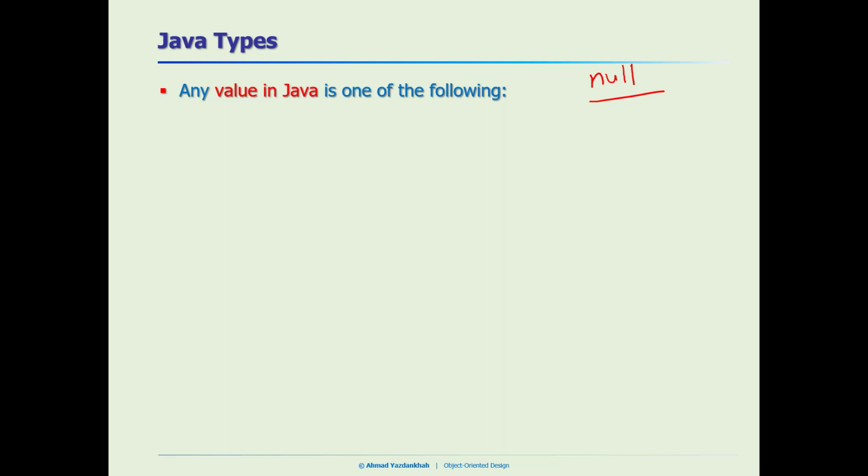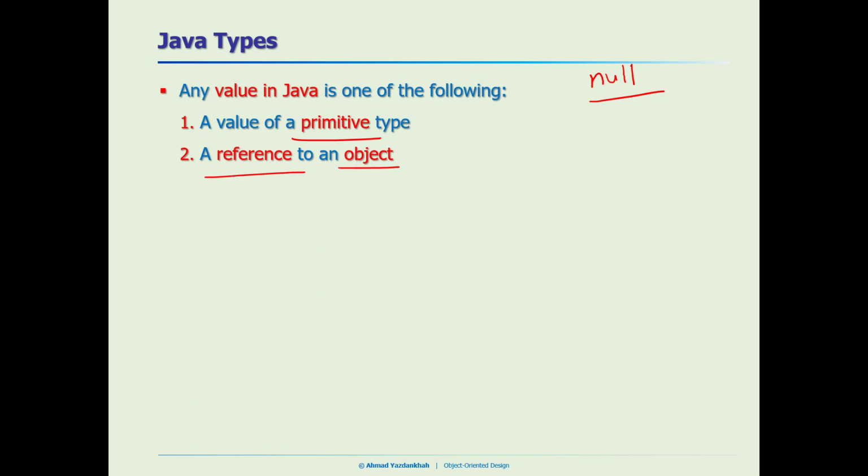So all of the values in Java either are primitive, or they are referring to an object, or they are referring to an array, or it is a null. So all of the values in Java are not out of this set of values that I just mentioned.